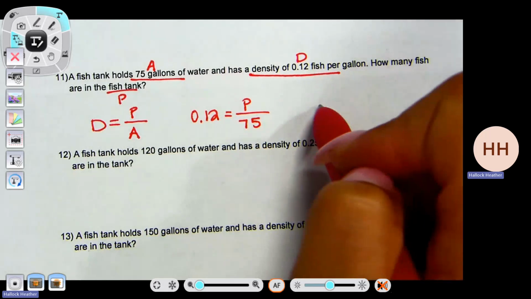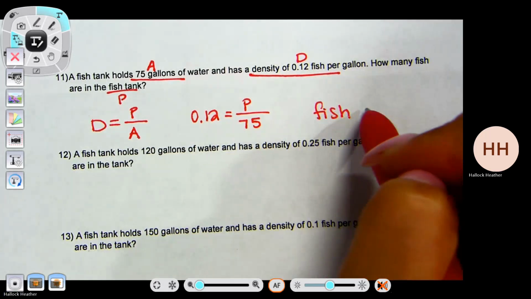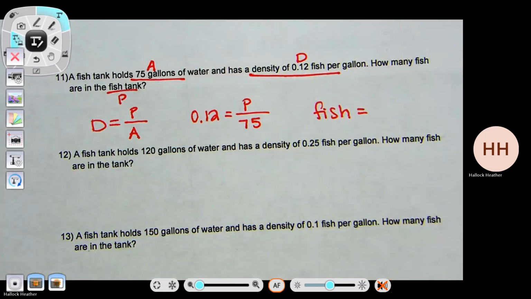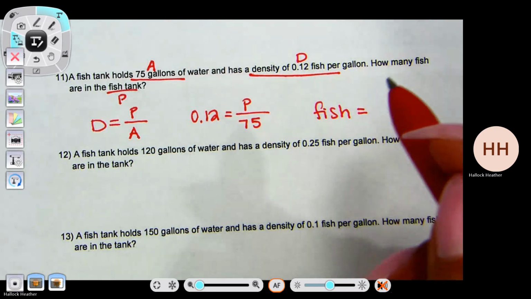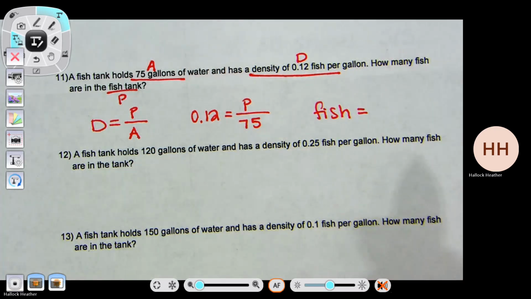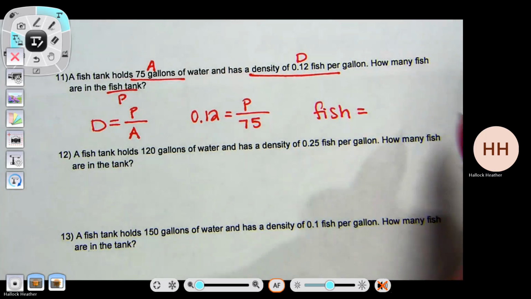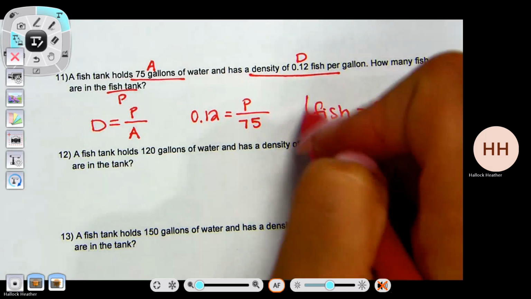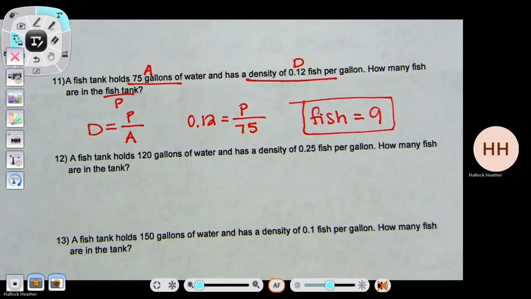How many fish are in my fish tank? Anyone? 9. 9. 9 fish.